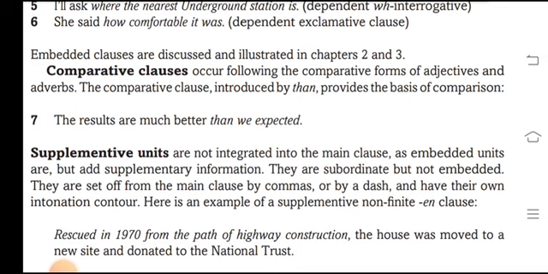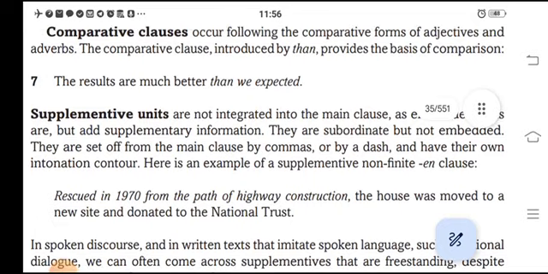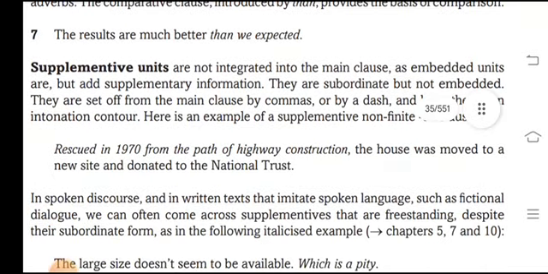Supplementive units are not the ingredient of the main clause as the embedded units are.